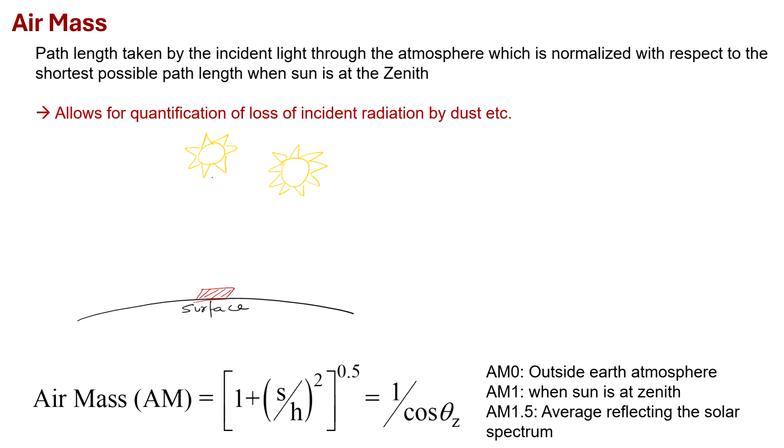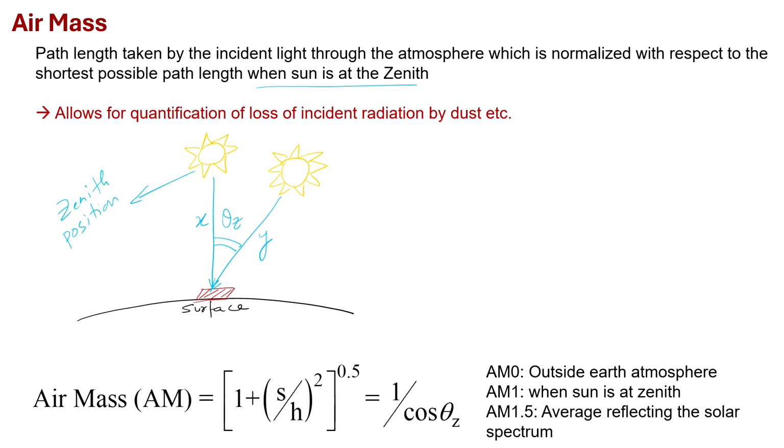So, we have one line of sight which is this and another line of sight which is this. Naturally, if you say this is x and this is y, then you can see that y is longer than x, and the angle between the two is called theta z. The position when the sun is right on top is called the zenith position, that is the noon time, the solar noon time.